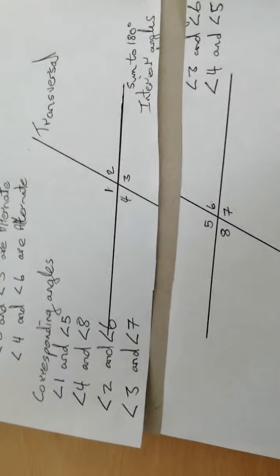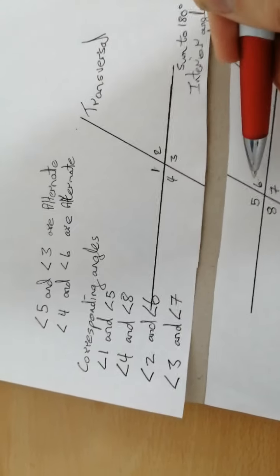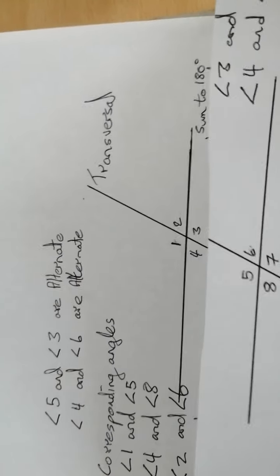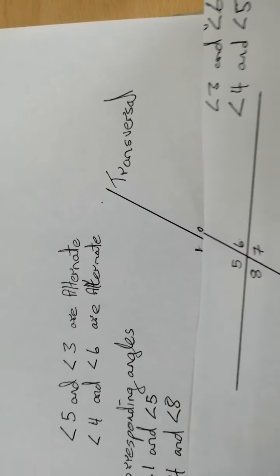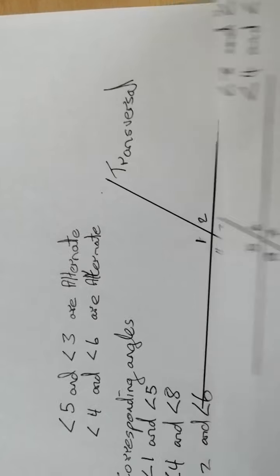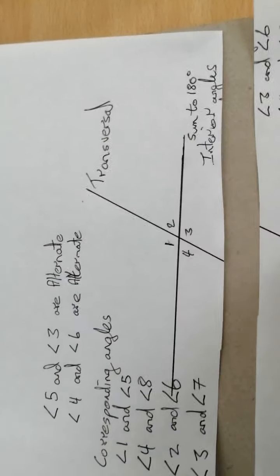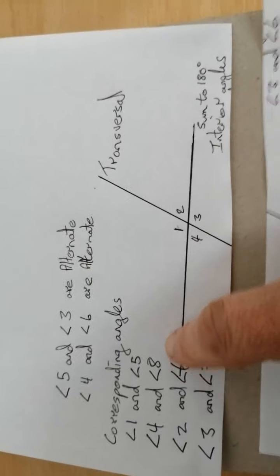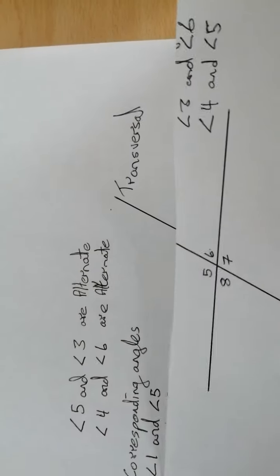Okay, so if we wanted to check, for instance, that angle 2 and angle 6 were corresponding, were equal, what we could do, and as I say, we might not be able to see this in the video, I need lighter paper. If at home you're doing this, you place this point here, or maybe this line, exactly on top of this line.